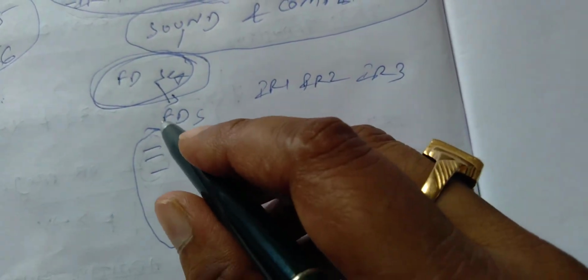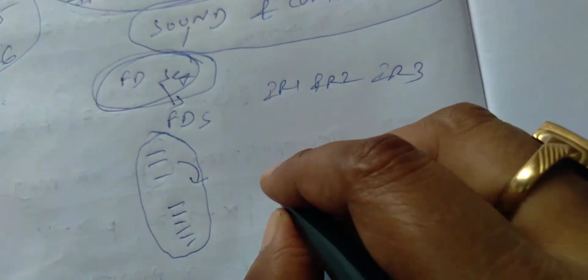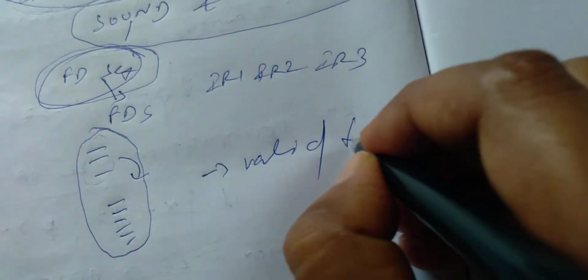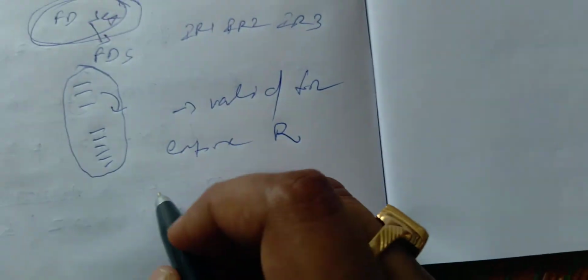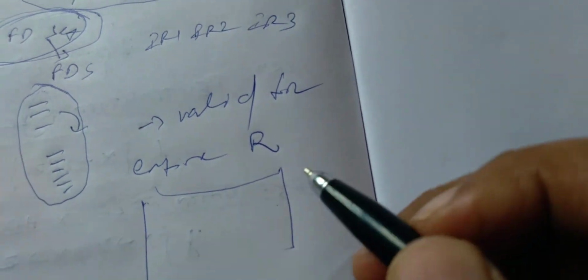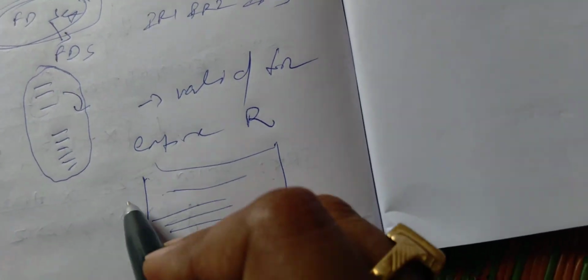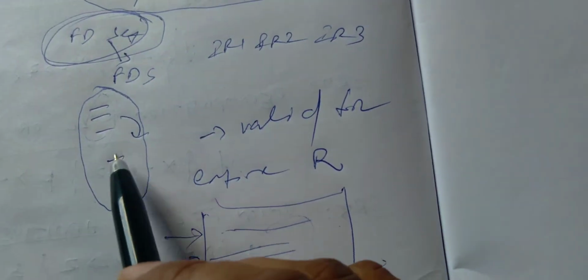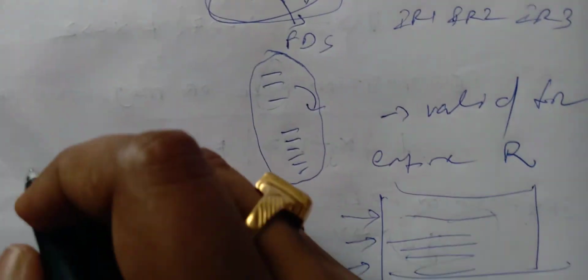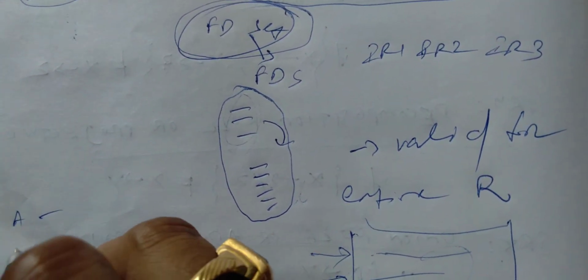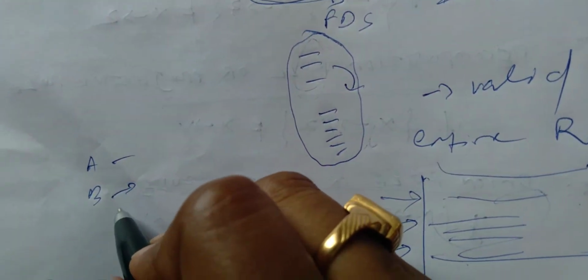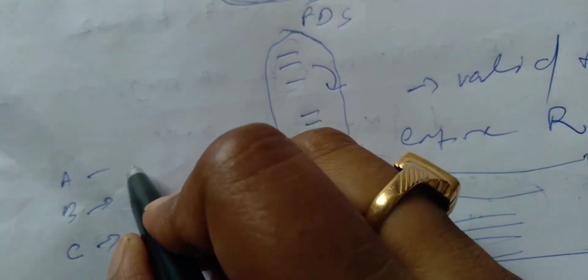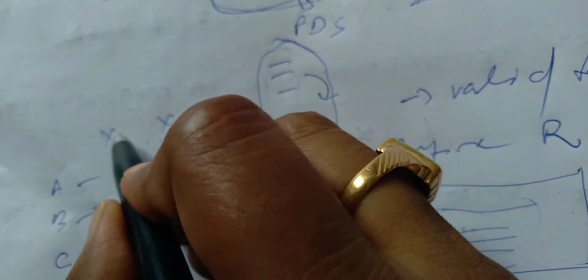Sound means whichever functional dependencies you derive, that will be valid for the entire R. That means for all the possible rows that may be there in the relation, this functional dependency will hold true. Suppose initially you have two rows, and a third row is coming which will be violating. Suppose x and y are here.